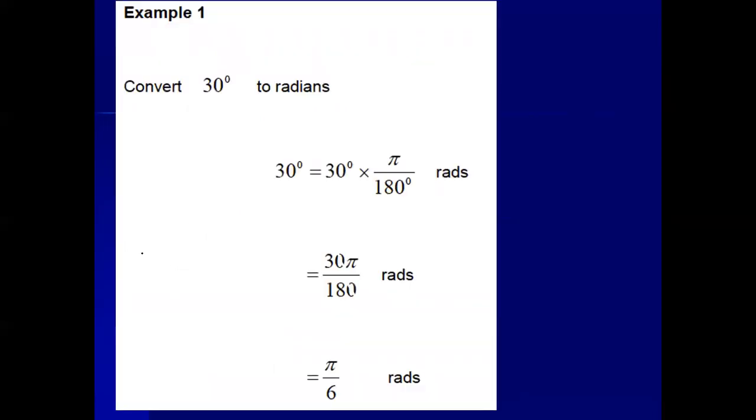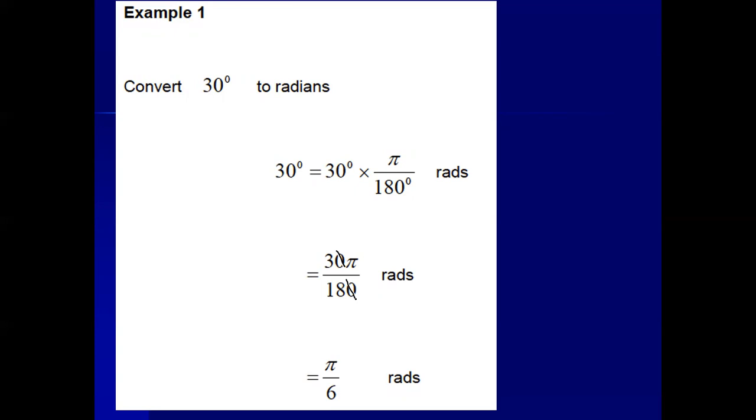So let's have a look here. If I ask you to convert 30 degrees to radians, you do 30 times pi over 180. 30 divided by 180, you divide by 10 both top and bottom, yeah? That'd be 3 over 18. 3 over 18, both multiples of 3.